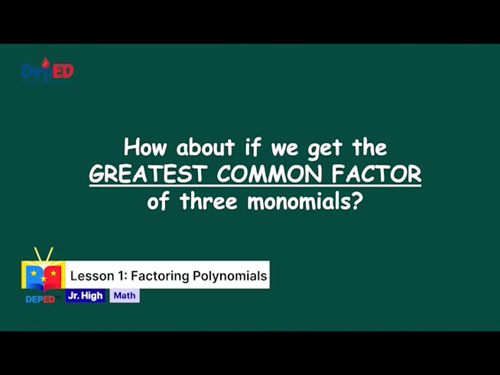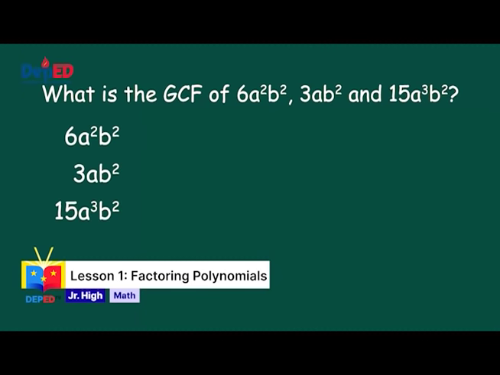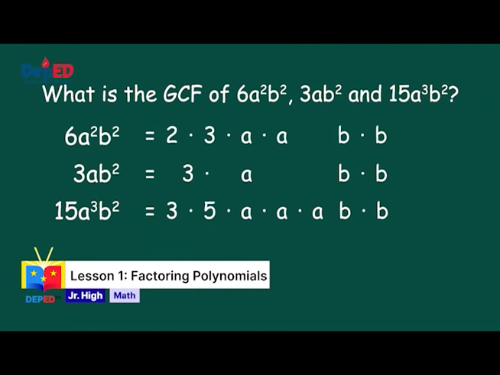How about if we get the greatest common factor of 3 monomials? What is the greatest common factor of 6a squared b squared, 3ab squared, and 15a cubed b squared? First, get their prime factors. 6a squared b squared is equal to 2 times 3 times a times b times b.